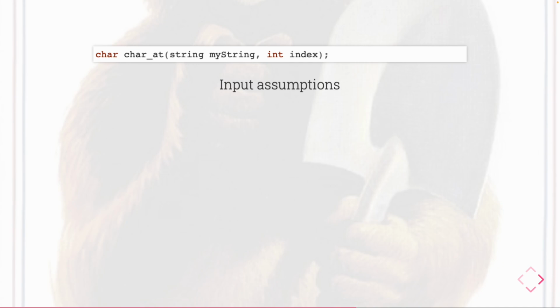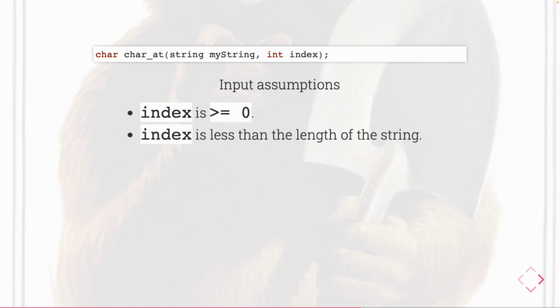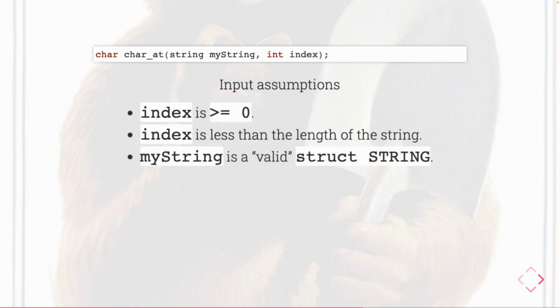So let's take a look at some more functions and their associated assumptions. So charAt from our string example, with the input, we're assuming that index is a non-negative number, that index is less than the length of the string, and that my string is a valid string struct instance.